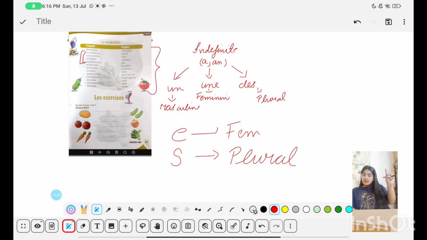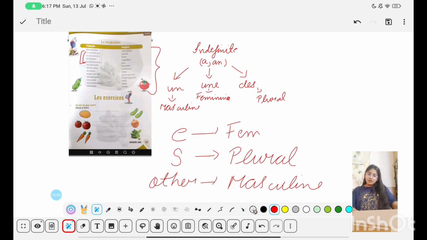Objects that are ending with E are already feminine. Objects that are ending with S are plural. What is left? Masculine. So anything and everything ending with any other alphabet, A, B, C, D, F, G, X, Y, Z, are all masculine. So words ending with any other alphabet except E and S are all masculine.